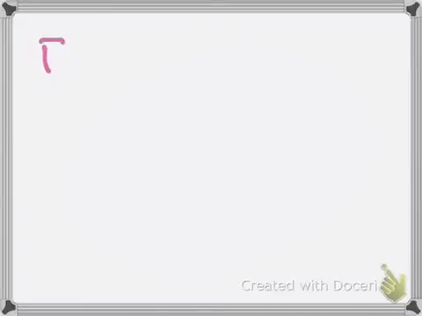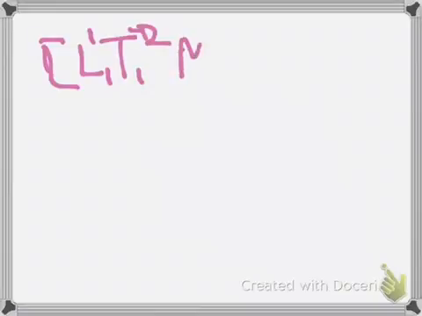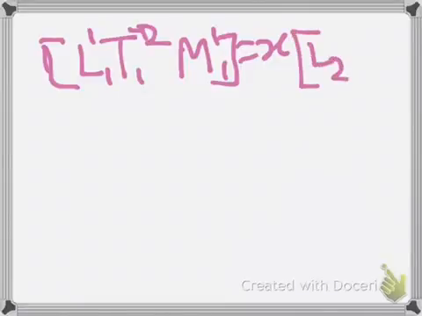CGS, FPS, or MKS, we have force equal to L1 to the power 1, T1 to the power minus 2, and M1 to the power 1, and let this be equal to x times L2, that is in centimeter, L2 to the power 1, T2 to the power minus 2, and M2 to the power 1.